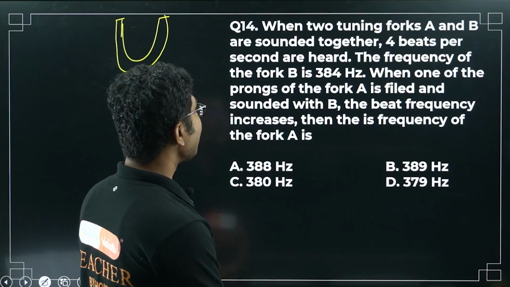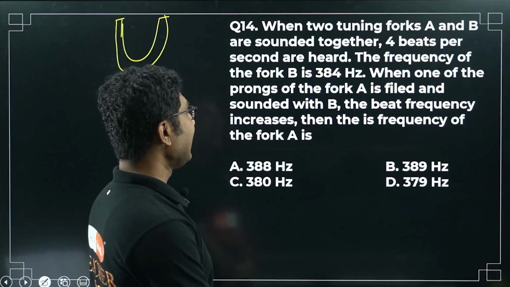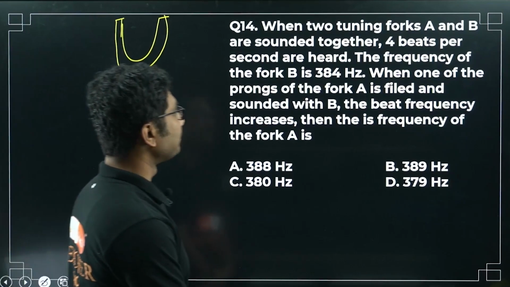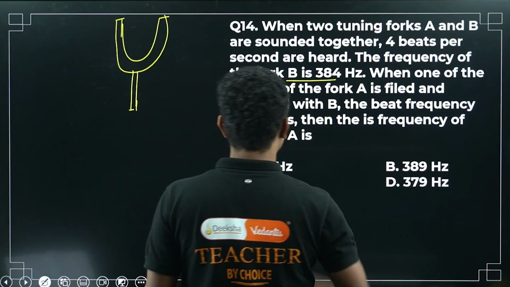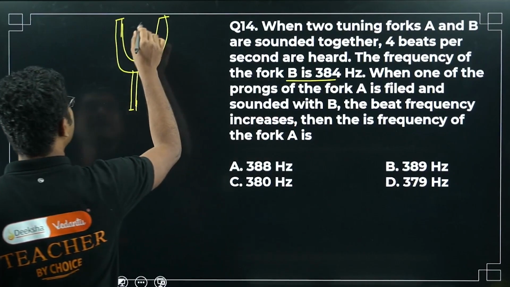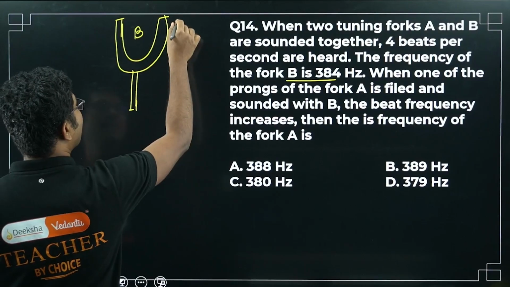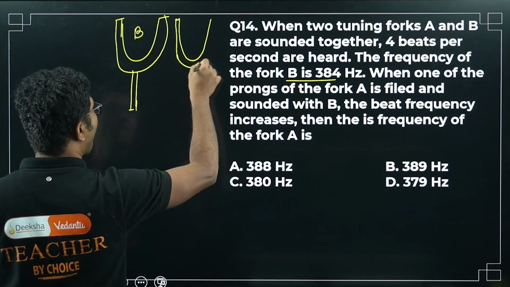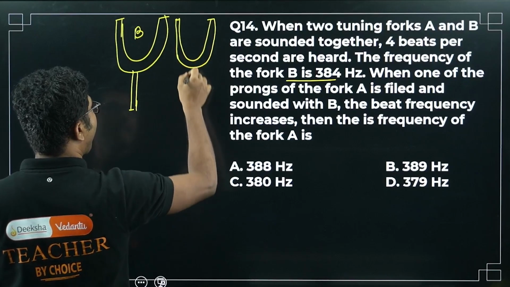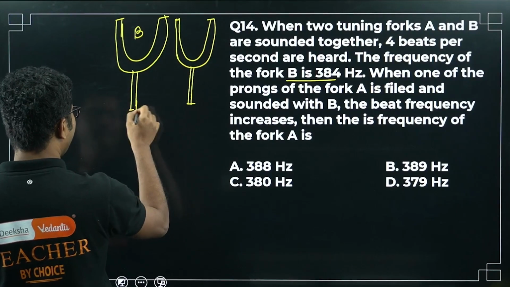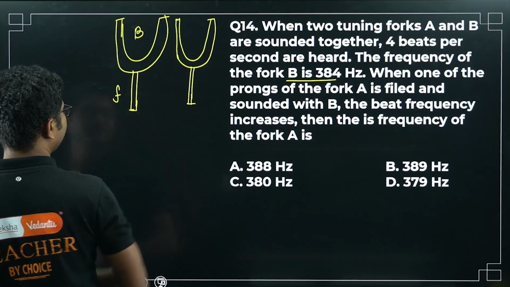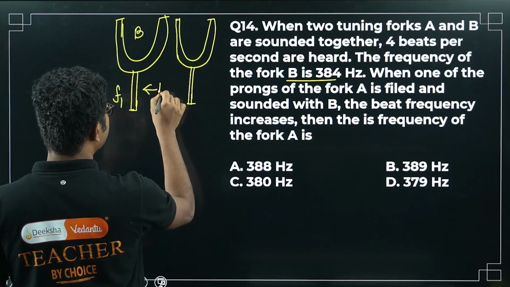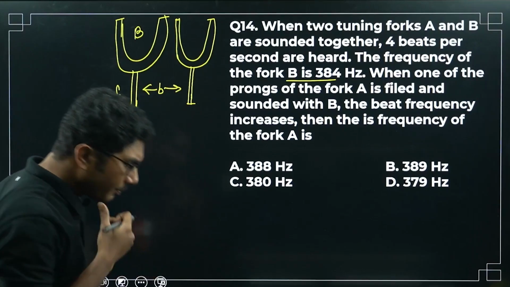Okay, so the frequency of fork A is 384 Hz. Fork B is given, suppose this is fork B, and we have another fork A. If the frequency of this is F1, and you hear the beat frequency, say B. What is the meaning of beat frequency?